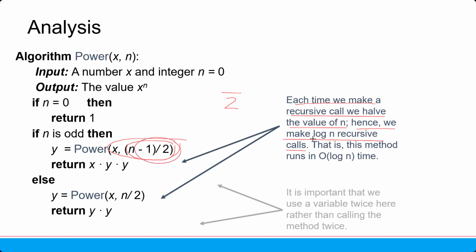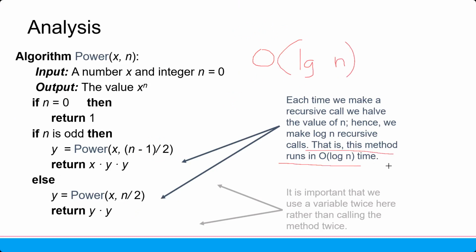So this is not n. O(n) means linear, but because we make it half, we can approximate the operation as log n. So this method runs in O(log n) time.